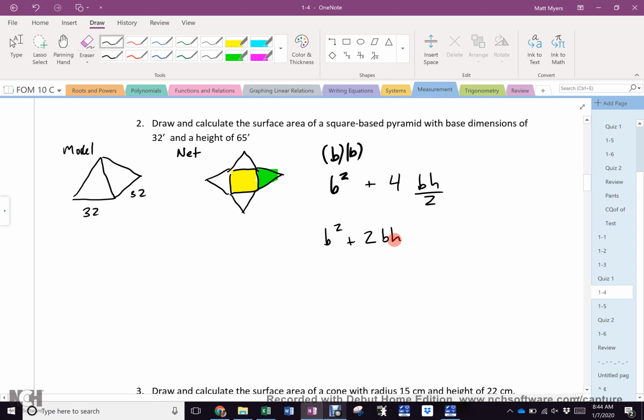But height, wait a minute. Addison says height measures from the middle straight up, yeah? Okay, so in the model, there's my height from the middle straight up, yes? But in this triangle, the height must go up there, yeah? Is that up the middle? No. Where's that?